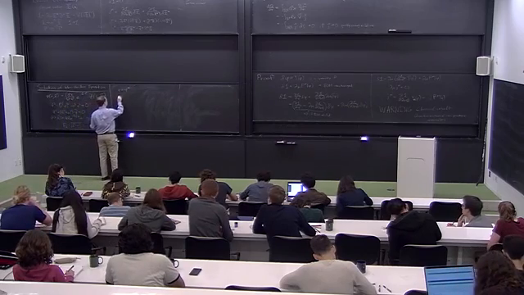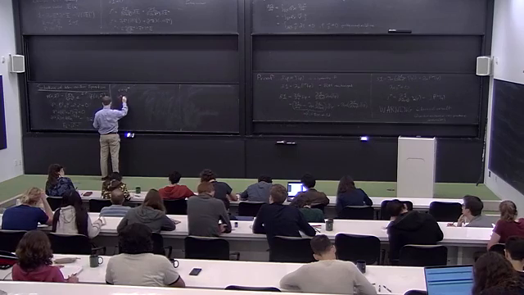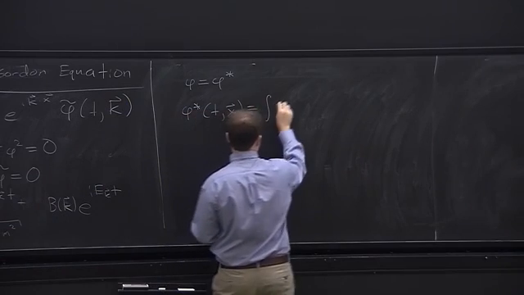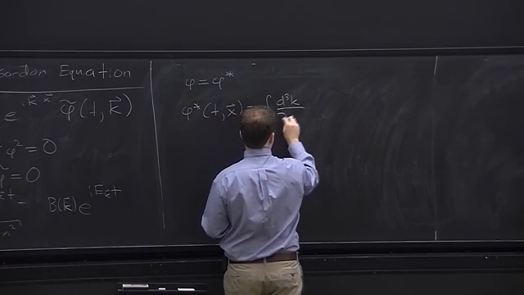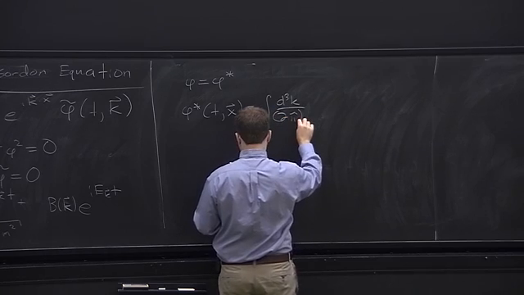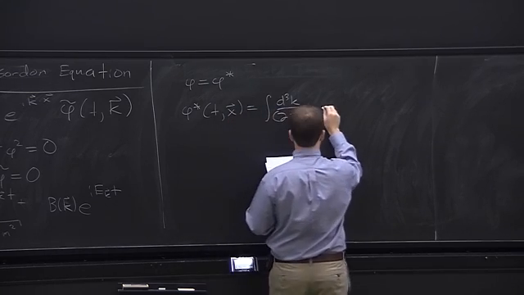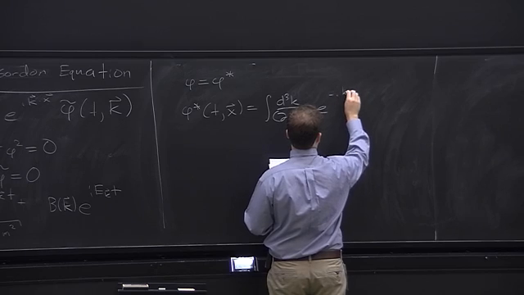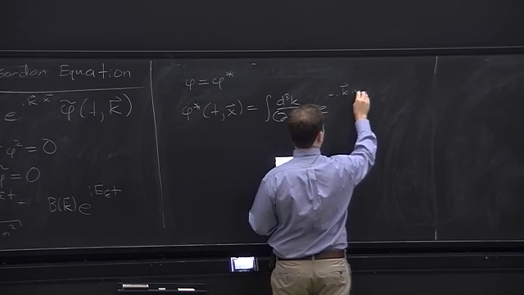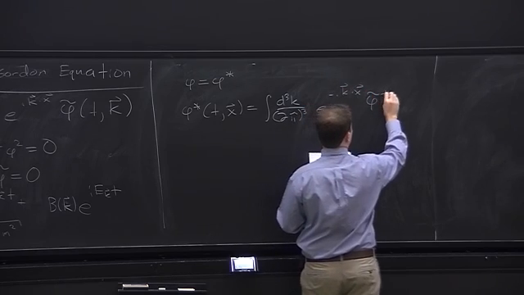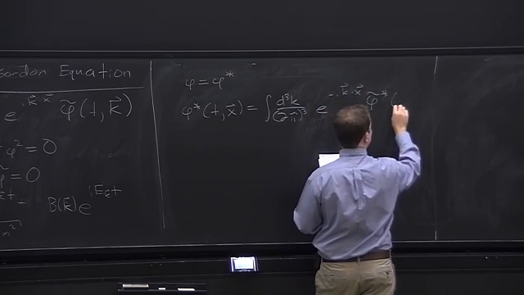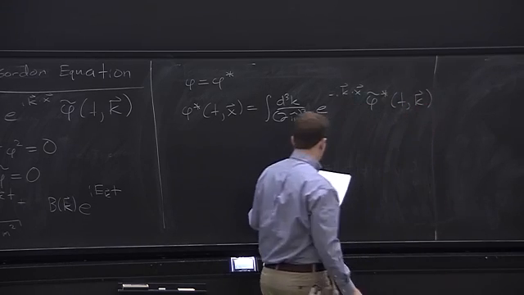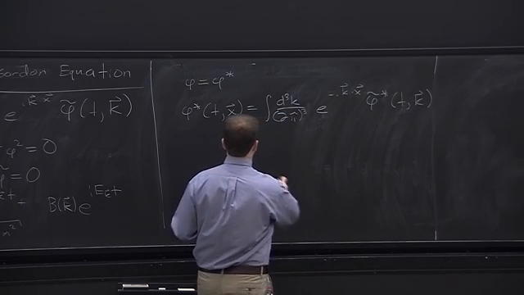And using our solution, we have that phi star of t and x is equal to the Fourier transform of the complex conjugate of our solution. And we can rewrite this.